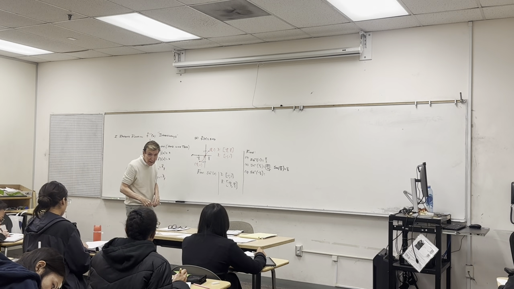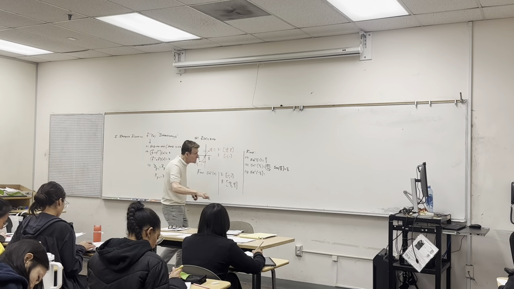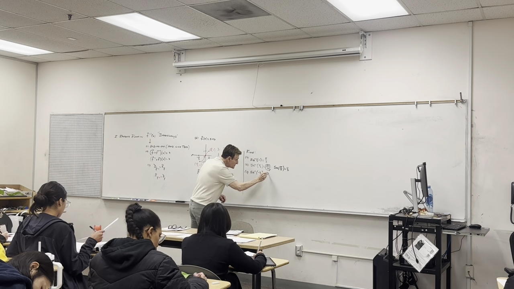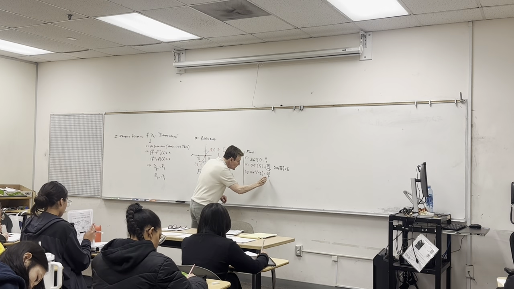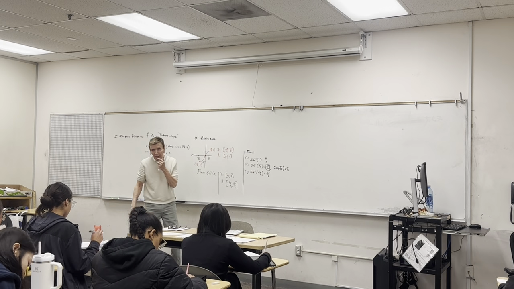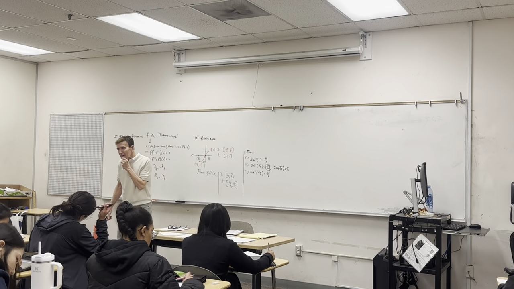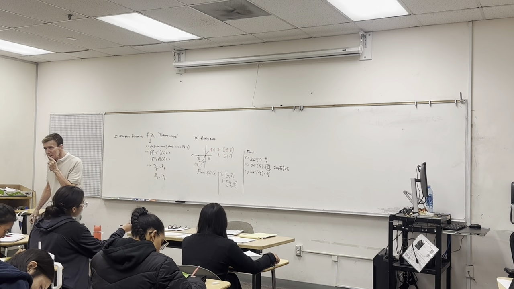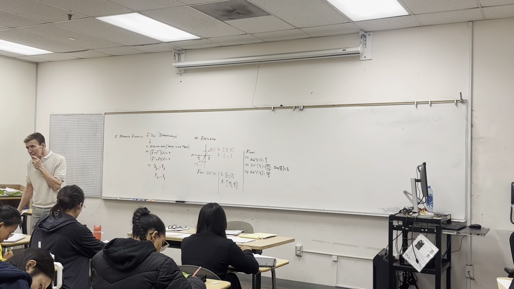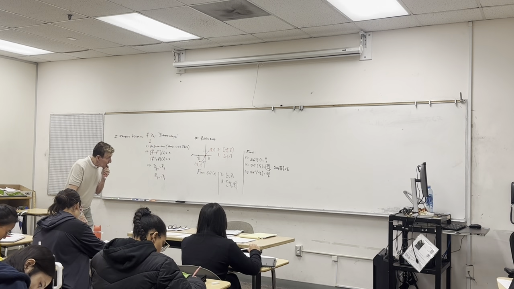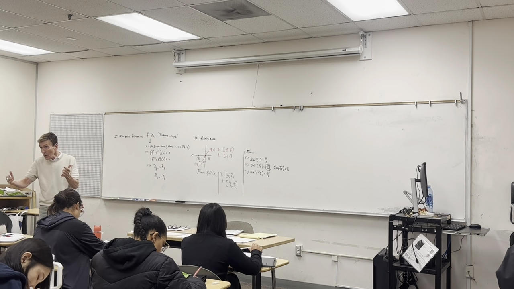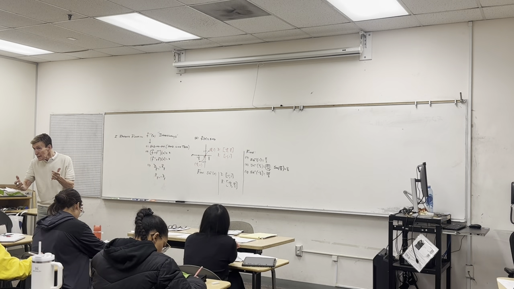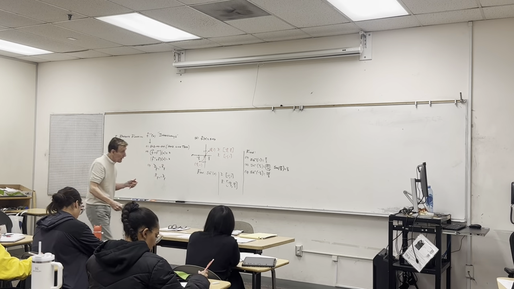I heard 11 pi over 6. Tell me, does someone recall another angle, besides 11 pi over 6, whose y coordinate, sine, is also negative 1/2? That's quadrant 4. I think there's one in quadrant 3. And what is it? I heard 7 pi over 6.